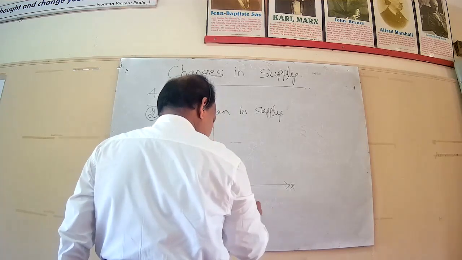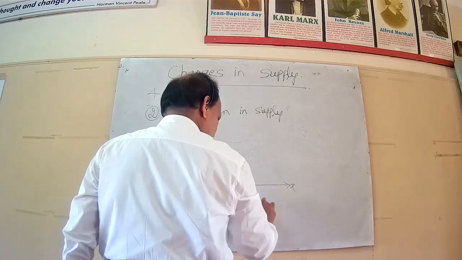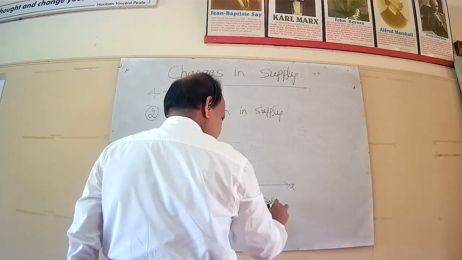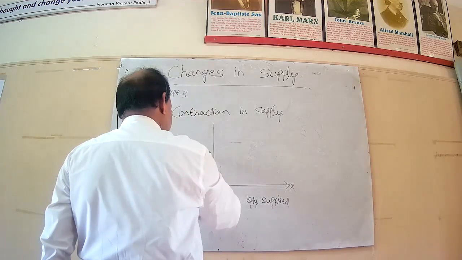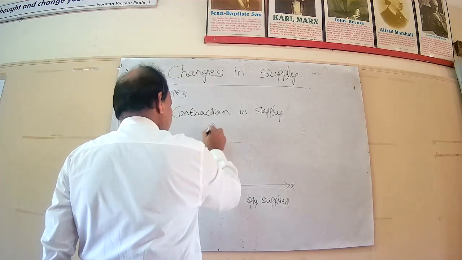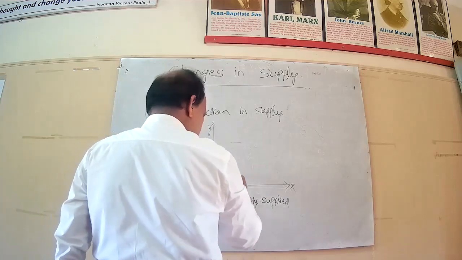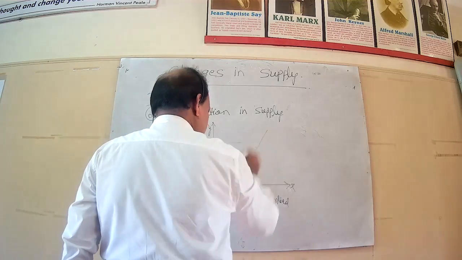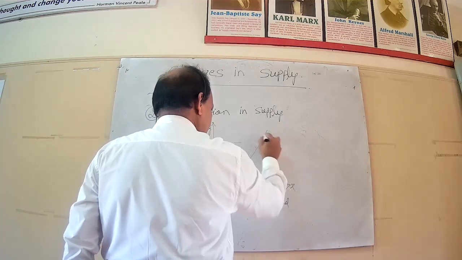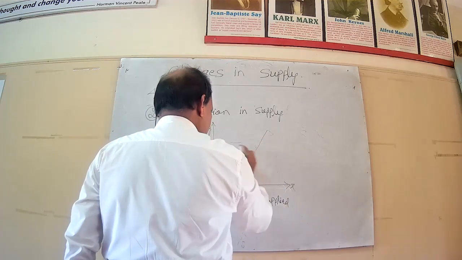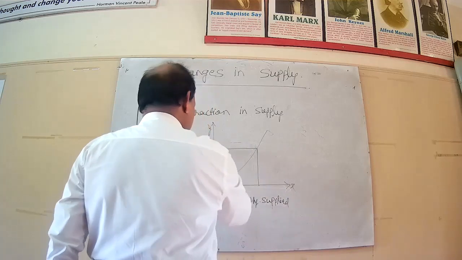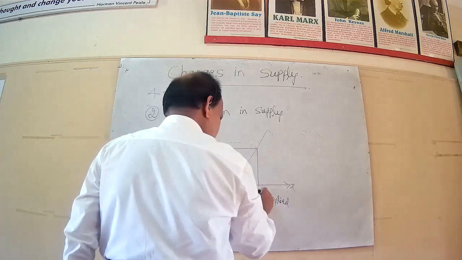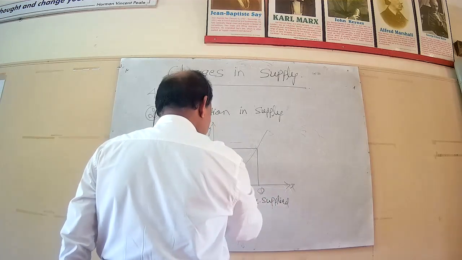Show the diagram. Quantity supplied, and here price. This is your supply curve SS, and price was at OP level, quantity supplied was at OQ level.